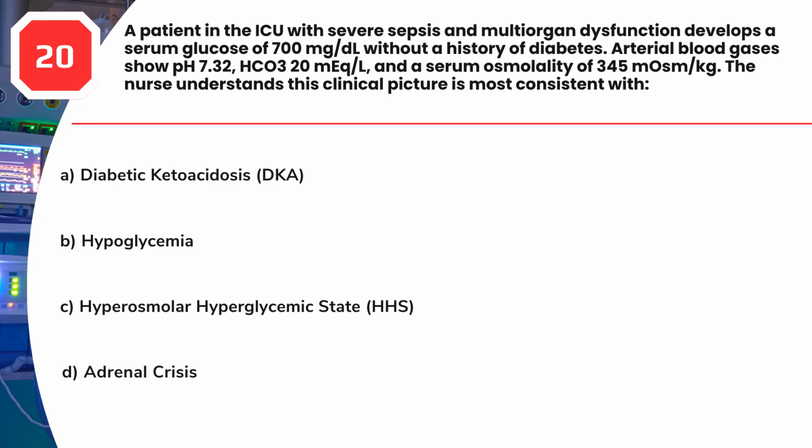The nurse understands this clinical picture is most consistent with: A. Diabetic ketoacidosis, DKA. B. Hypoglycemia. C. Hyperosmolar hyperglycemic state, HHS. D. Adrenal crisis.